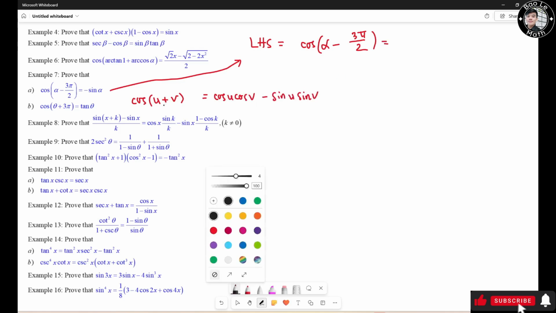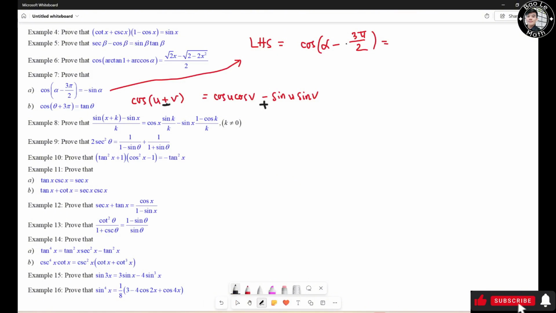If this one is subtraction, then this one should be addition, right? So I apply this formula, it's going to be cosine alpha cosine 3 pi over 2 plus sine alpha sine 3 pi over 2, right?